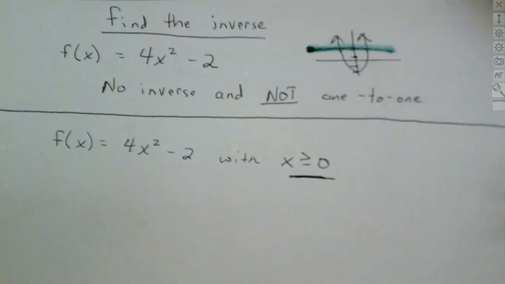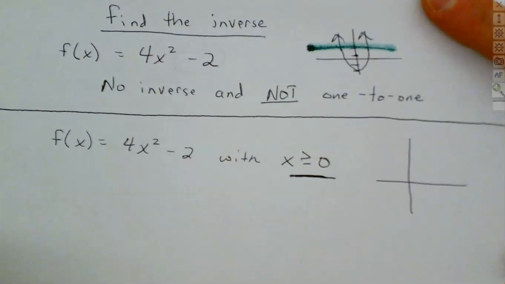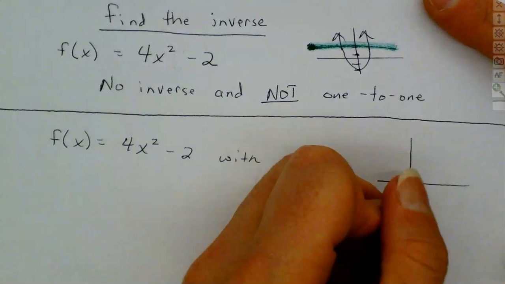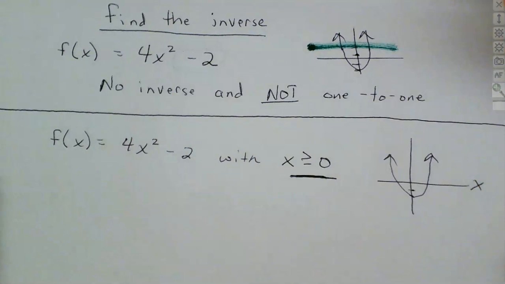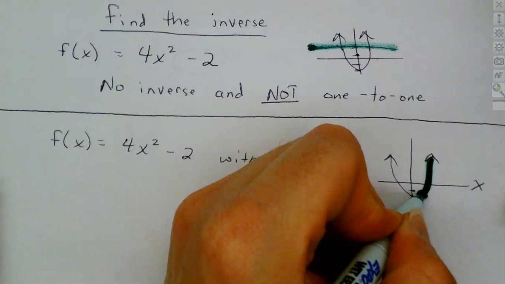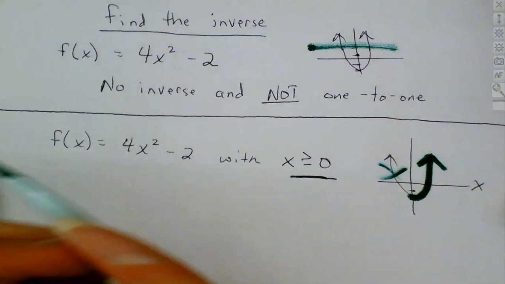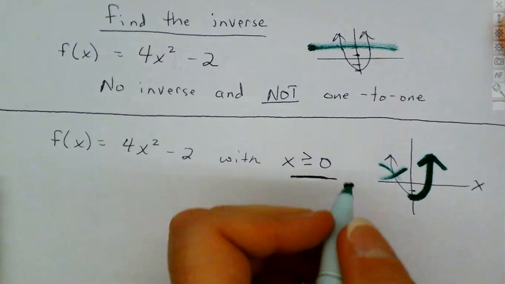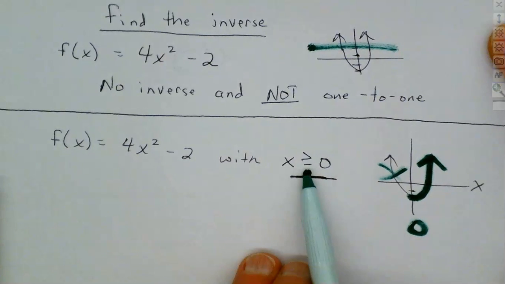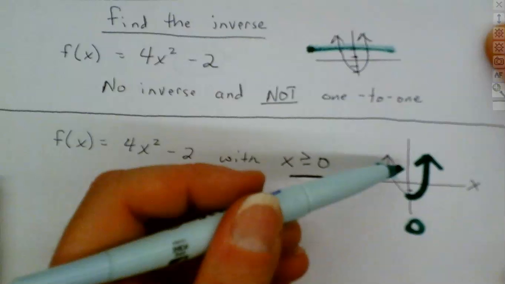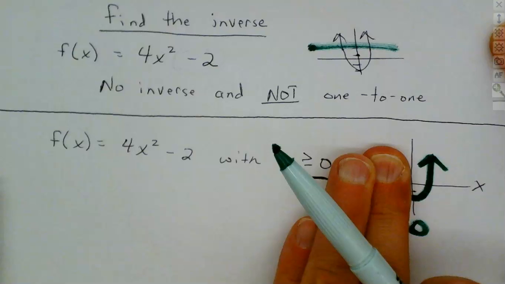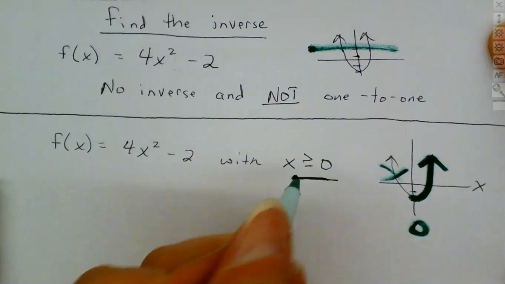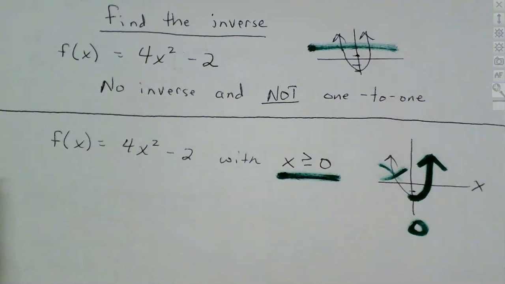It's going to look basically the same as far as the picture goes, right? But here's my x, and the only part I'm going to have is this part, because that other part doesn't exist. We are looking at x being greater than 0. If this half is gone, it has an inverse now, doesn't it? So you see the difference. If it gives you a restriction on the domain, it has an inverse.